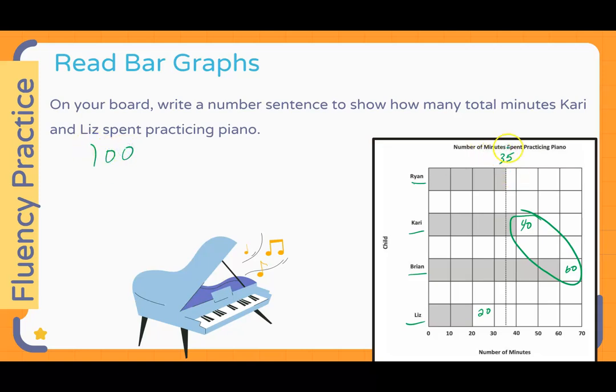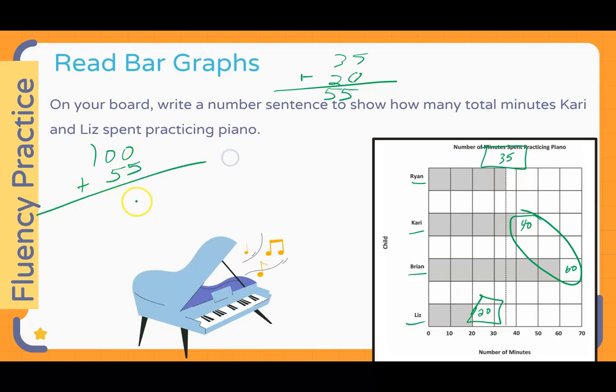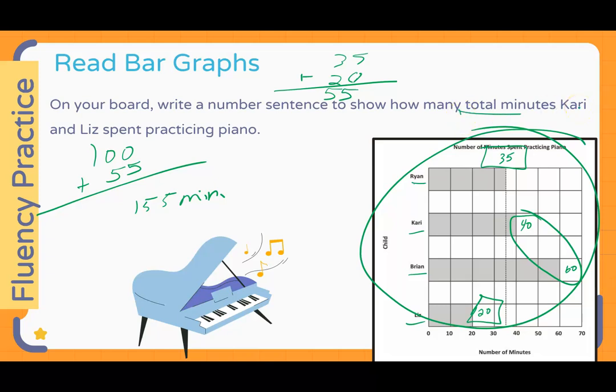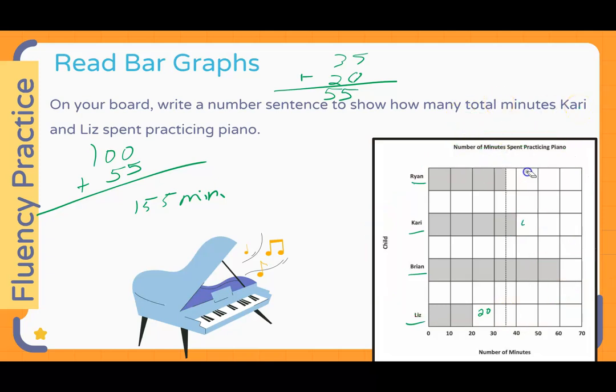If I add 35 and 20, I get 55. So 100 plus 55 is 155 minutes. That's how much they all practiced together, the total. Okay.